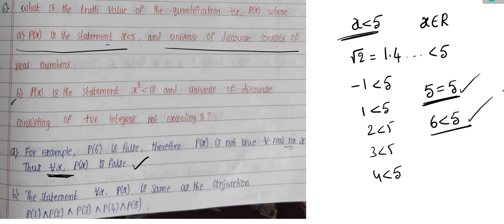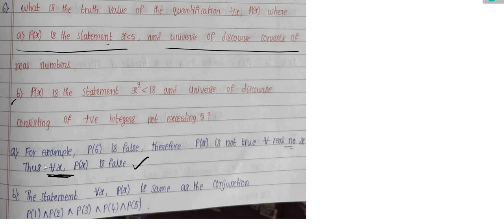P of x is the statement x square less than 18. And the universe of discourse consists of positive integers not exceeding 5. So positive integers not exceeding 5 means we get 1, 2, 3, 4.